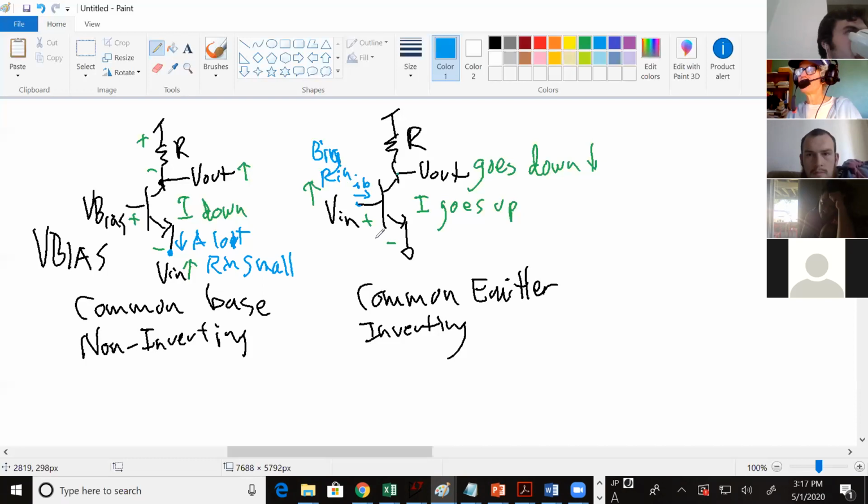Okay. Do you like low R ins? No, exactly. So there's really only one place that you commonly see a common base used. Let's reach into your memory here. Do you remember the maximum power transfer theorem?